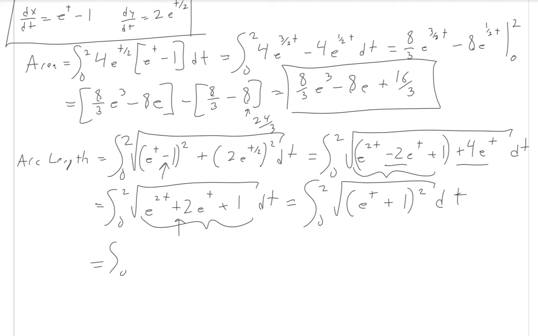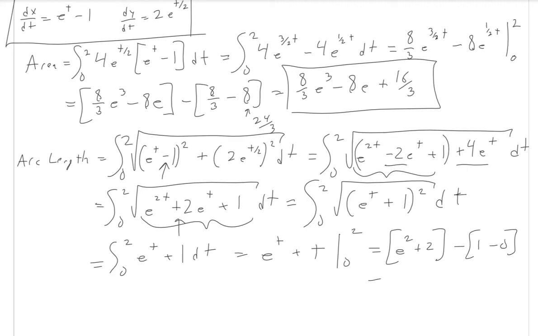So this is really the integral from 0 to 2 of e^t + 1 dt, which is very easy. That's e^t + t from 0 to 2. So that'll give you e^2 + 2 minus e^0, remember, is 1, minus 0. So that gives you e^2 + 1.